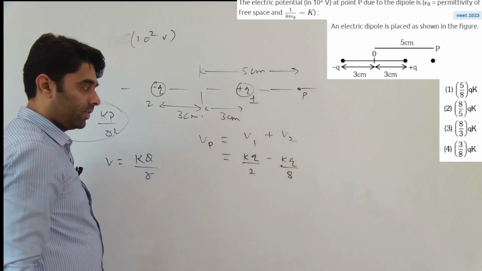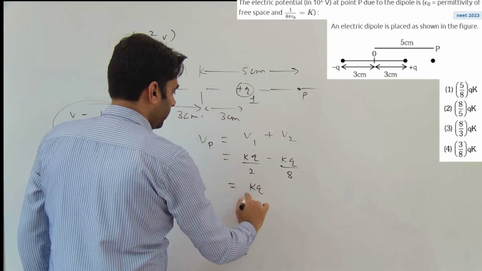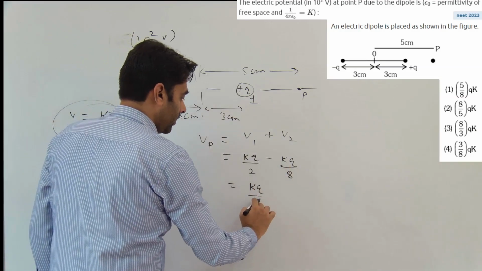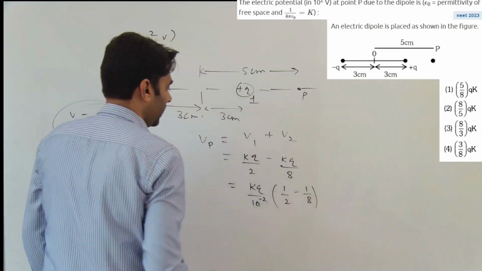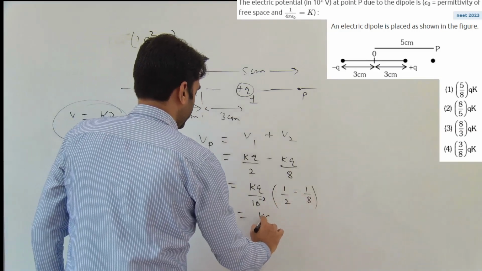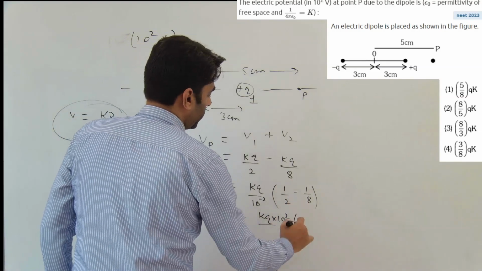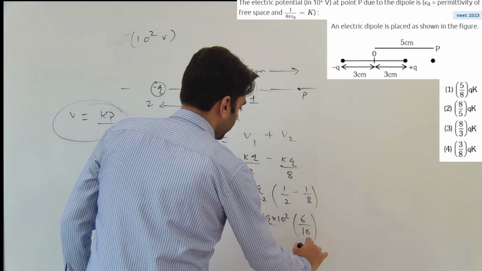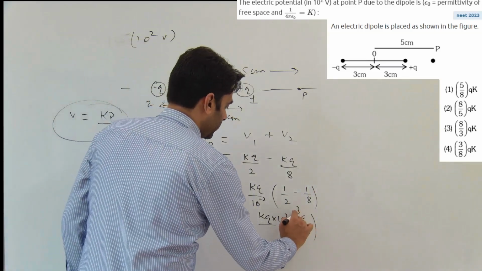Both of them are in centimeters, so let us simplify this. What will we get? Kq by 10 power minus 2, taking it common, into 1 by 2 minus 1 by 8. So kq into 10 power 2 times 6 by 16, which we can write as 3 by 8.